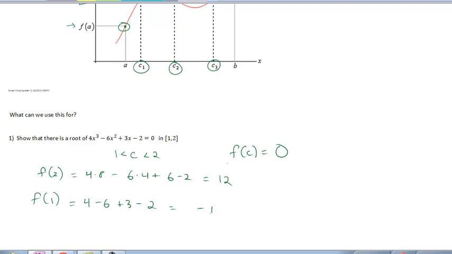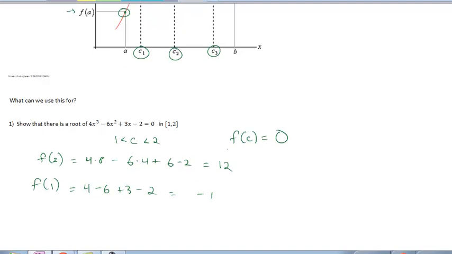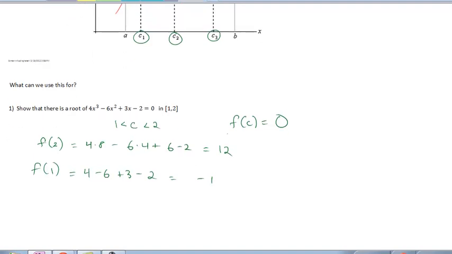Now, why does this guarantee that there's a root in between? Well, if I know that at 2 I'm at a height of 12, and at 1 I'm at a height of minus 1, there's only 2 ways to do that. The first is that I have to go directly from minus 1 to 12 on the graph, whatever that is. Here's minus 1, here's 12.